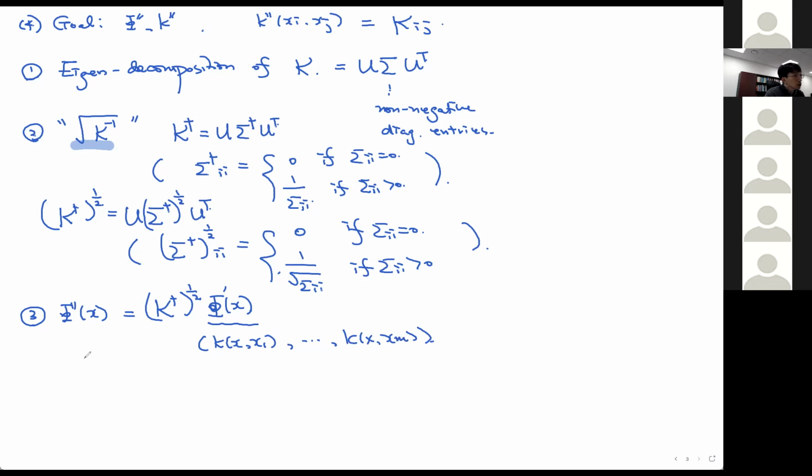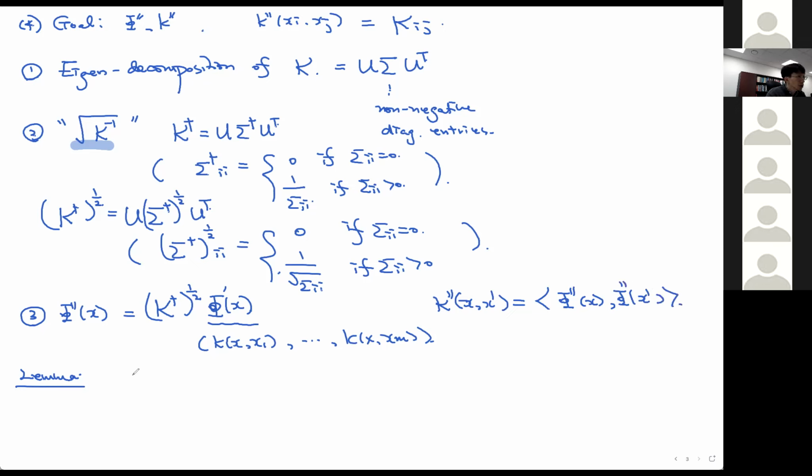So then we can have a theorem, or lemma. The lemma says that K double prime is now defined to be K double prime of x and x prime using inner products of this phi double prime.